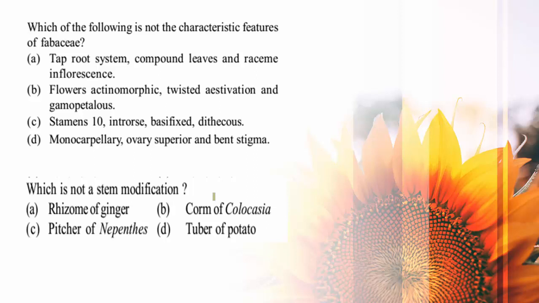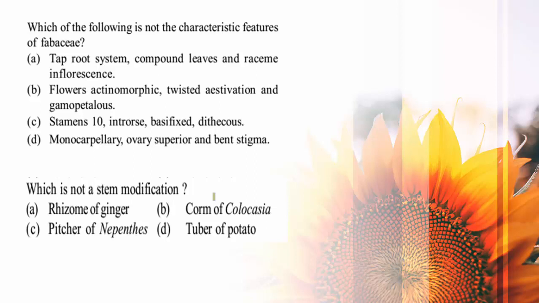Fabaceae, the subfamily of family Leguminosae. It is commonly called pea family, and the main character of Fabaceae is the particular arrangement, butterfly-like arrangement of the petals in the vexillary aestivation.